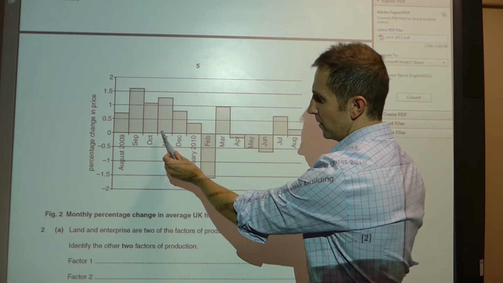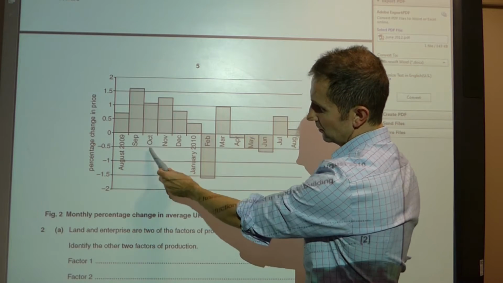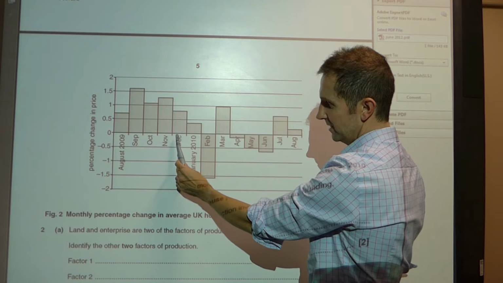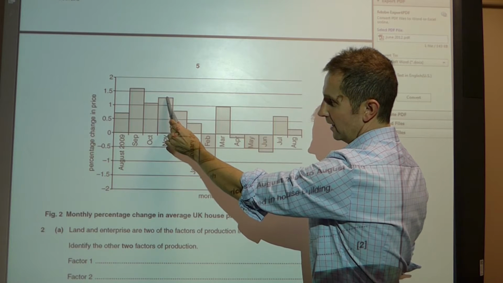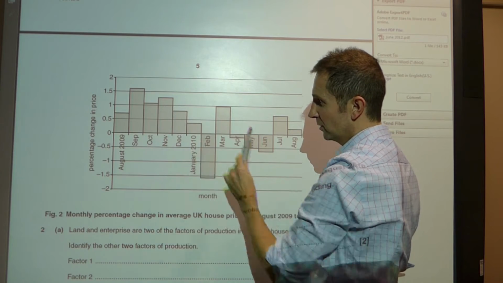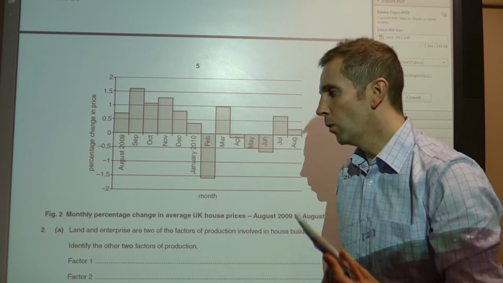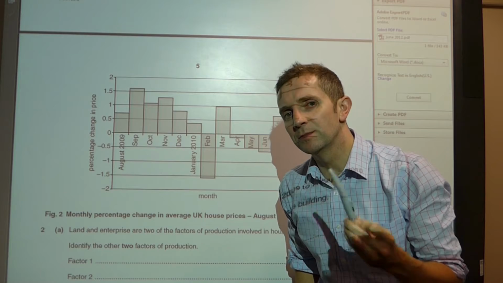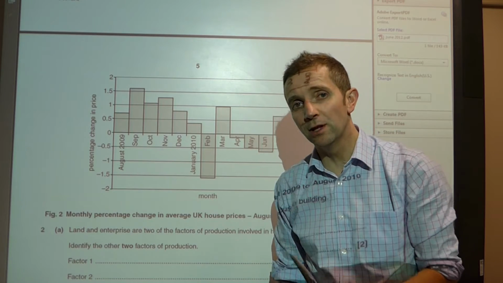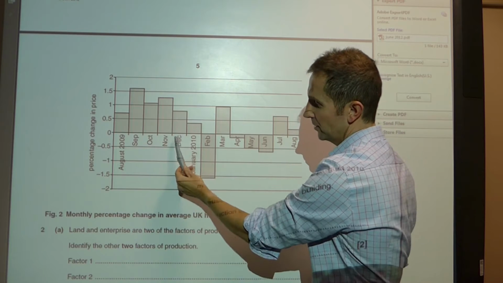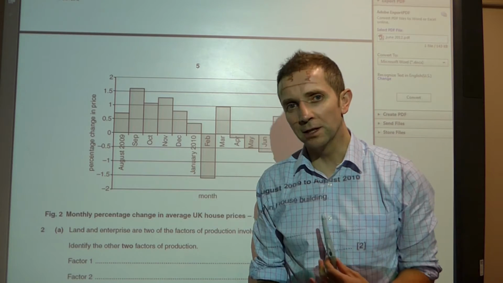If we look at November of 2009 and then December and then January of 2010, we can see that the bars on the chart are falling, falling, falling. And so what people oftentimes do is they think to themselves, okay, that means that house prices in November, December and January must have been falling.